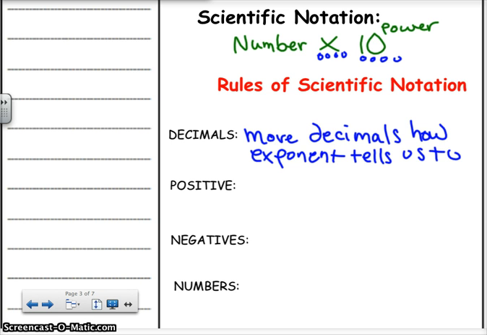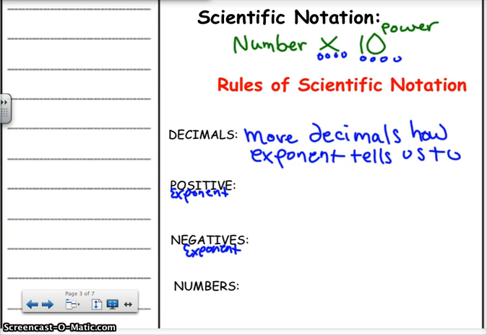This should be positive exponent. And then under it, I want you to write negative exponent. Okay? Because the exponent is the boss in scientific notation. The exponent is the one that tells all. It's the boss of everything.